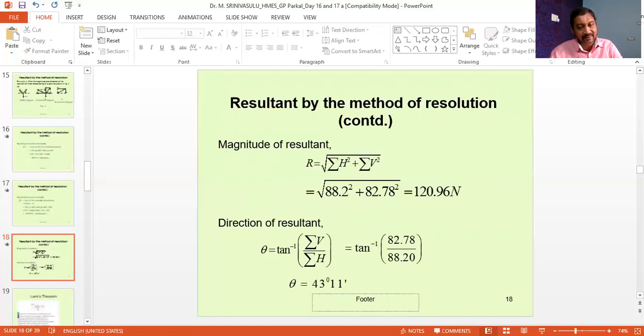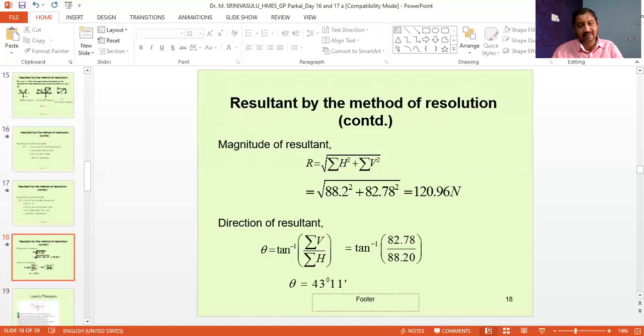whether it is positive or negative. Suppose both are positive, it will act in the first quadrant, and if cos theta, that is sigma h, is negative and sigma v is positive, it will act in the second quadrant. If both sigma h and sigma v are negative, that is cos theta and sin theta are negative, as in this problem, the resultant will act in the third quadrant.